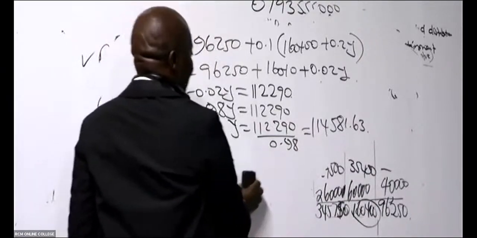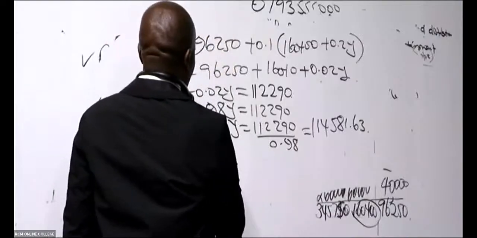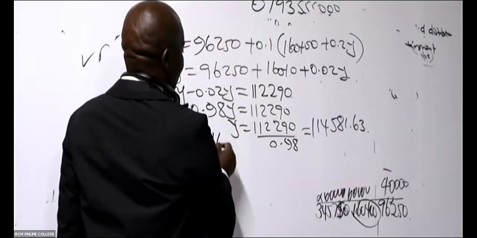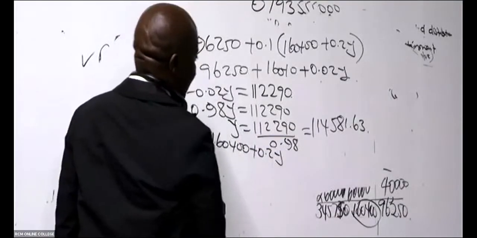Because I know that X is 160,400 plus 0.2Y, isn't it?